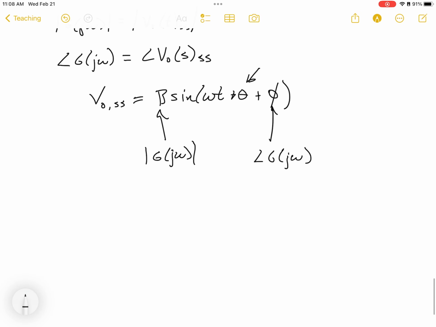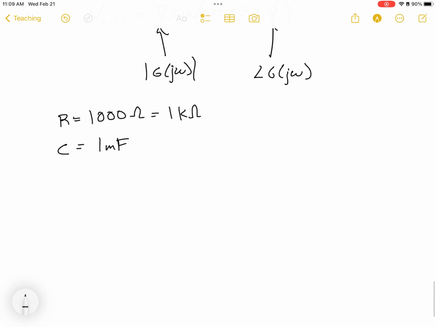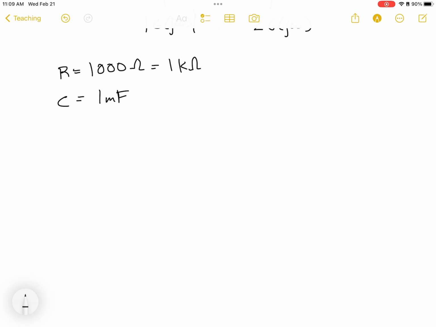And so in this particular example, if we say that R equals 1000 ohms, which is 1 kiloohm, and C is equal to 1 millifarad, we end up with responses that look like the following.